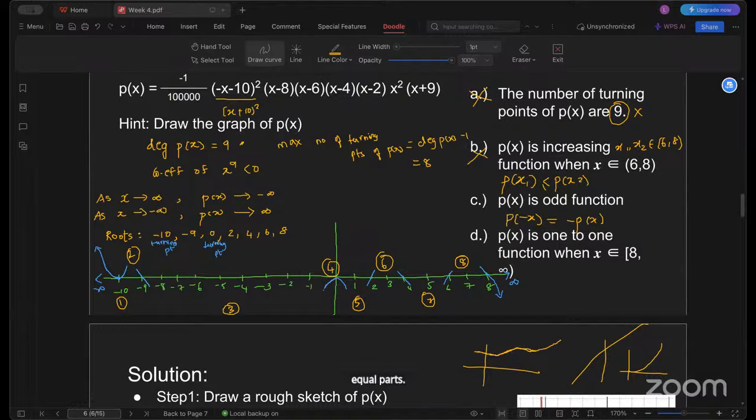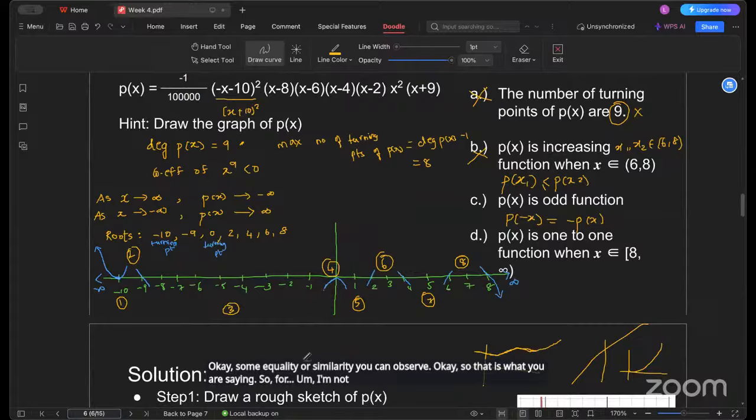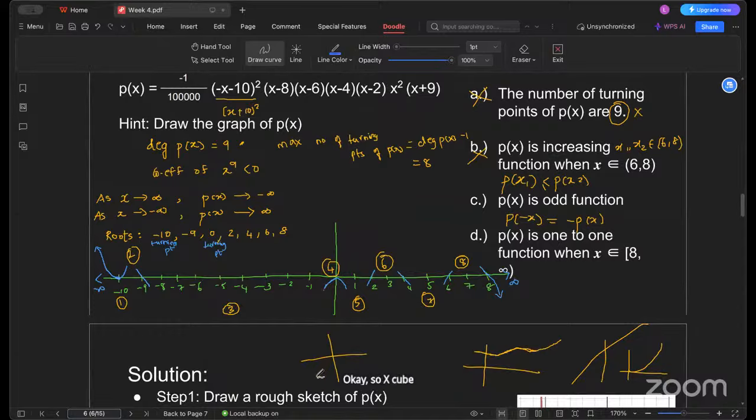I'm not very good at drawing, so for x cube, maybe I'll try to draw something like this. Yes, ma'am. So you see some kind of symmetry is there.